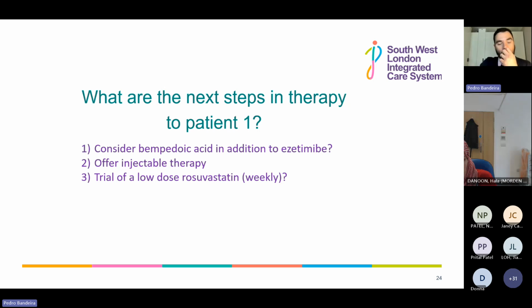However, as you can see here, what are the next steps in this therapy for this patient? We have three options. We have the bempedoic acid in addition to the ezetimibe. We can offer injectable therapy, or we can also offer a low dose of rosuvastatin once a week, for example, because he's got quite a long history of statin intolerance.